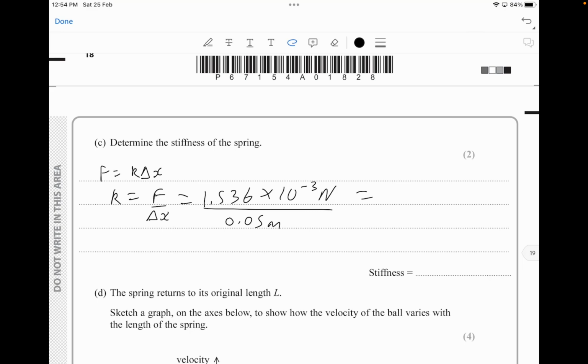That gives us a stiffness of about 0.03072 newtons per meter, so k is roughly 0.03 newtons per meter. This is going to be your answer in this case.